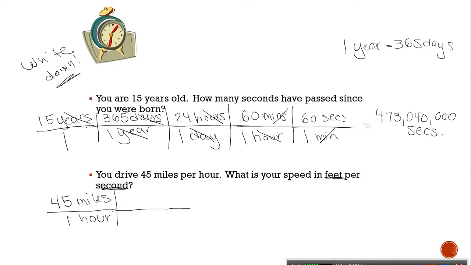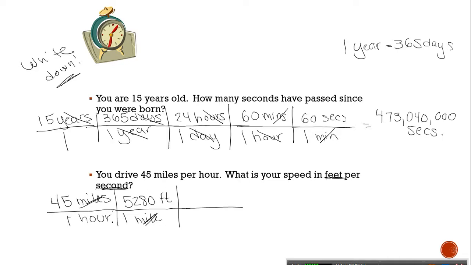So I'm going to start with miles, and I want to get them to feet. I'm going to look in my little foldable, and I notice that 1 mile is equal to 5,280 feet. So then my miles are going to cancel out, and now I'm at feet. That's good, so now I don't have to deal with them anymore. But I need to get this hour into seconds. So I'm going to go to minutes first.